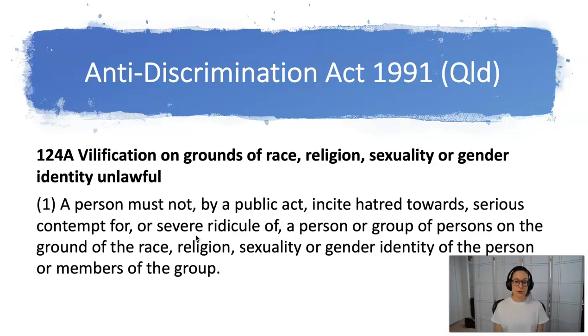Section 124A provides that a person may not by a public act incite hatred towards, serious contempt for, or severe ridicule of a person or group of persons on the basis of race, religion, sexuality, or gender identity.